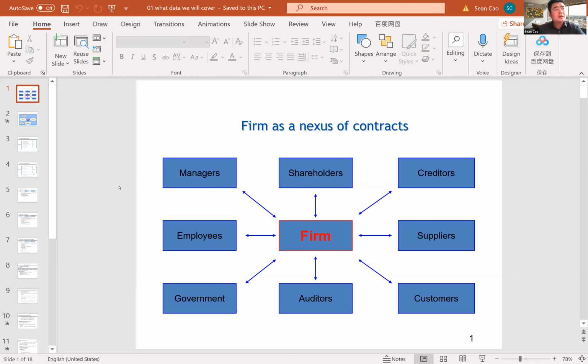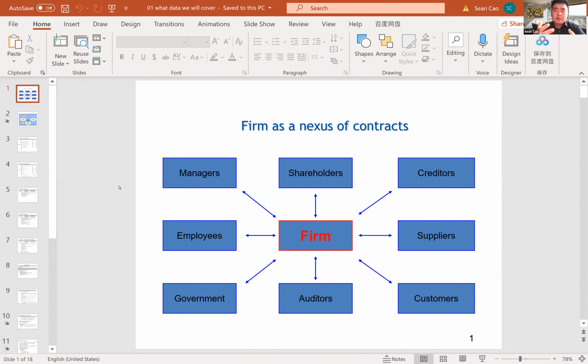So you can see that we also discovered a way to design this class for accounting and finance students. I'm coming from a computer science major, but I don't want to teach you the way computer science students learn.